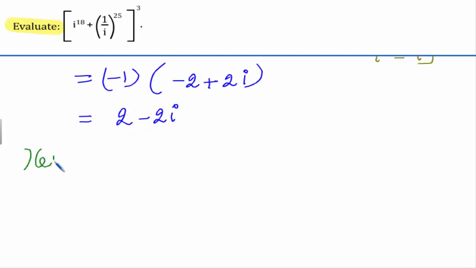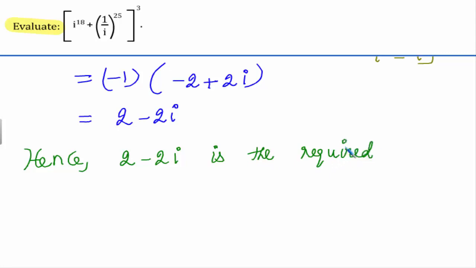Hence, 2 minus 2i is the required solution. This completes the solution.